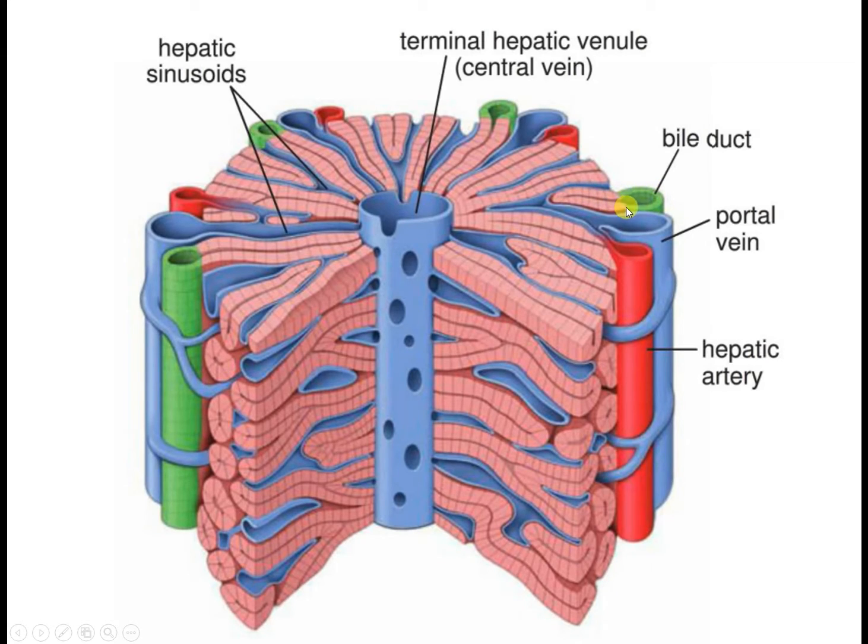Actually, the cells of the bile duct are known as cholangiocytes. Here, hepatocytes. Cholangio is chole, like bile, angio, vessel, and cytes, cells. Cholangiocytes and hepatocytes.